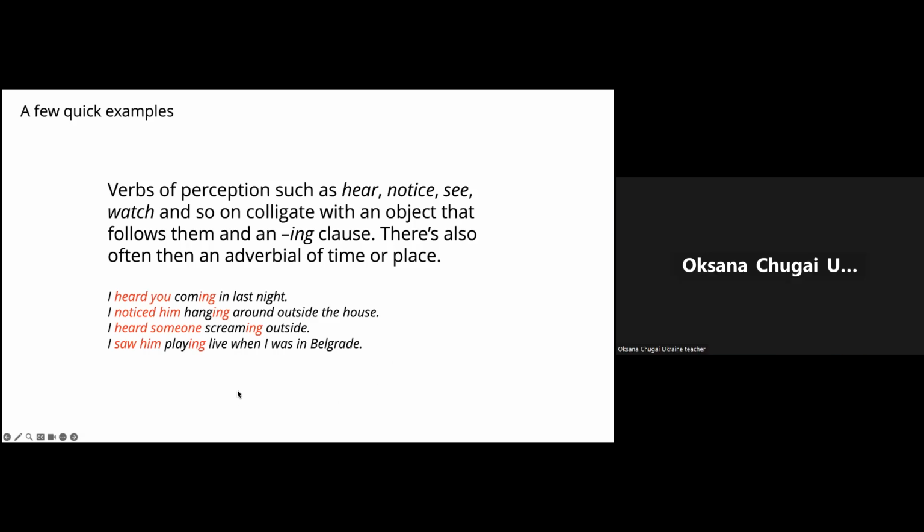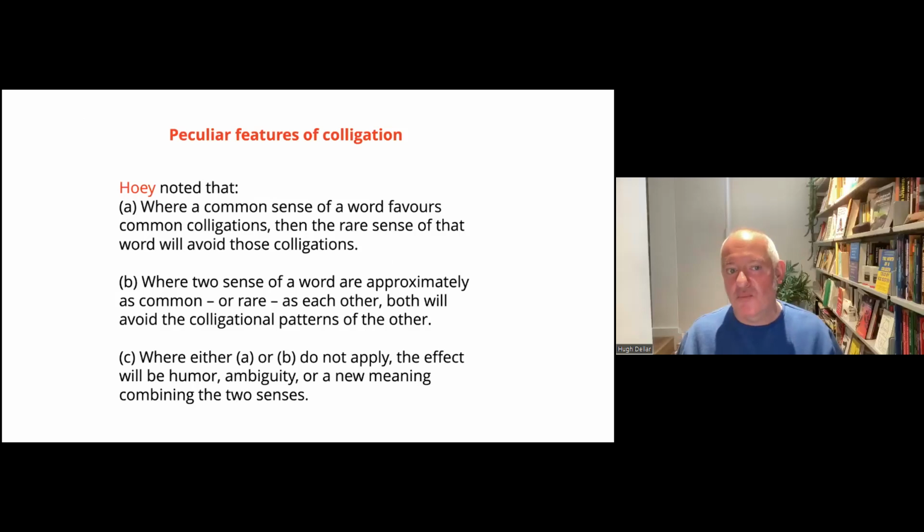When I read the Michael Hoey book, he said that when you've got different meanings of one word, one of the ways you understand the different meanings is because certain senses of the word will have common collocations and common grammatical patterns, and other meanings of that word will have different collocations and different colligations.